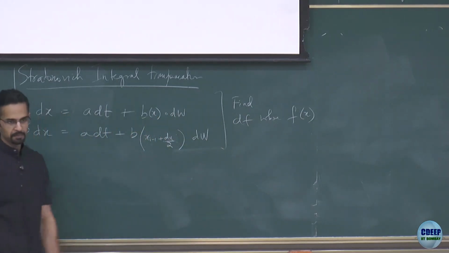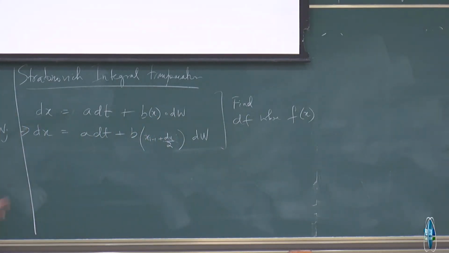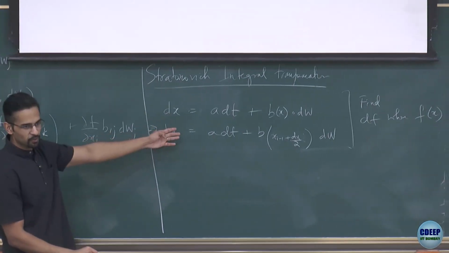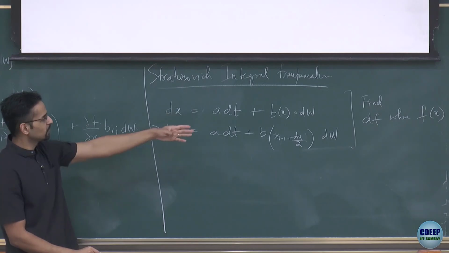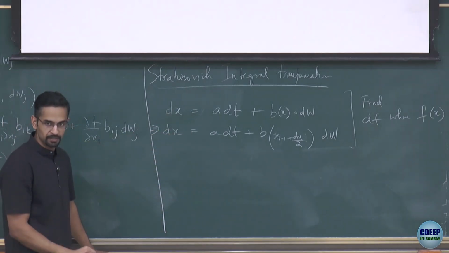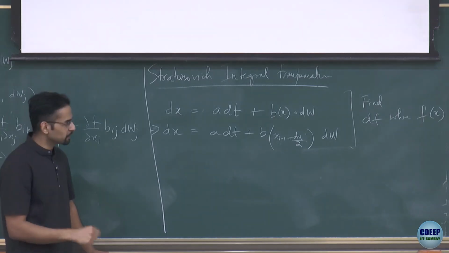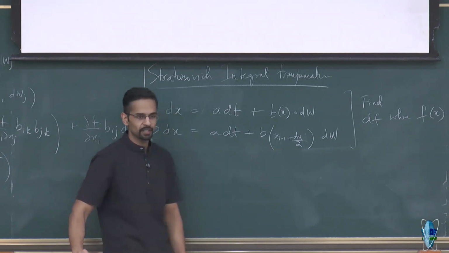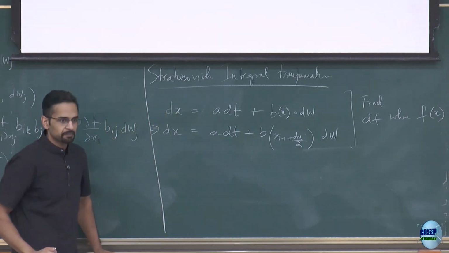Again, the time is deterministic, it doesn't matter. That will behave the same way. But if I take some function of x, like x squared, just like I did with Ito, what would be the corresponding equation for df, but for the Stratonovich equation? That means I want to find some equation for df where the noise part will again be evaluated at the midpoint. So the question is how to do this.